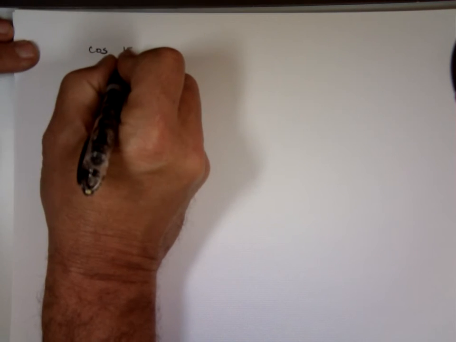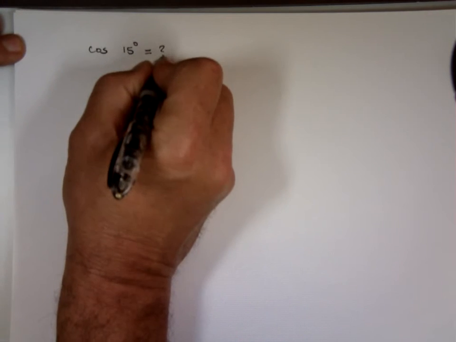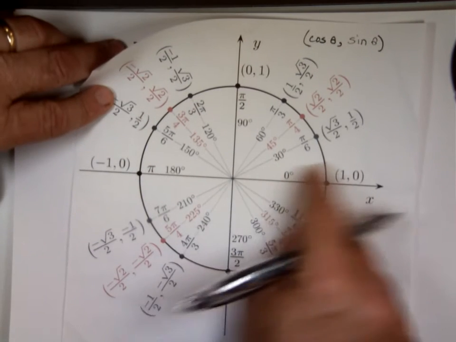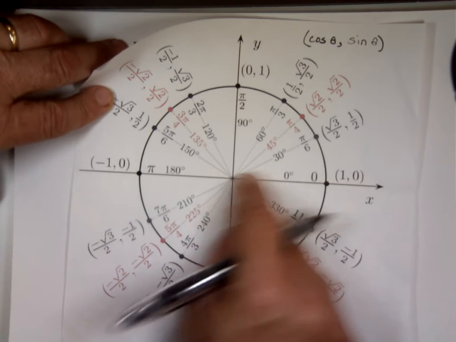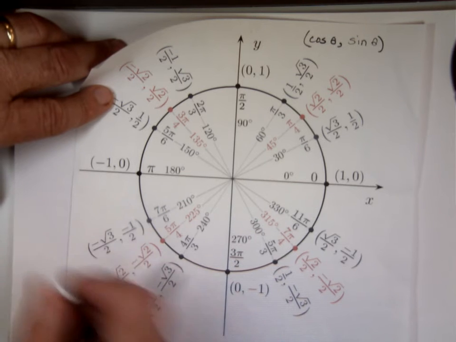Give me the exact answer, no calculator. Cosine 15 degrees, without a calculator. Pi over 12? Huh? Pi over 12? I don't know. No, it's not on the list. I have no idea. Pi over 3. Couldn't tell you. I don't know.